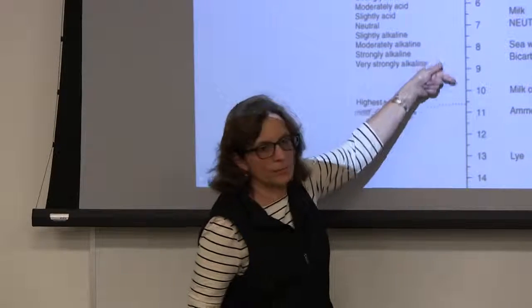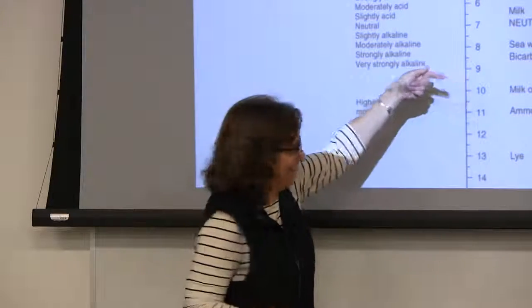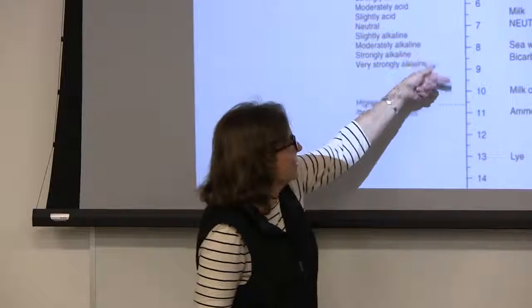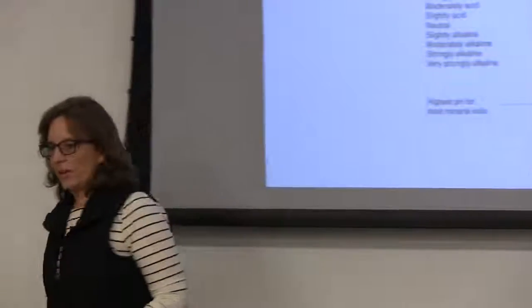These are all things that help to settle those acids and neutralize excess stomach acid. Remember those commercials? That's what's going on with those. And then ammonia, and then up at 13 is lye. So we're getting into very caustic things when you get to the extremes. Okay, so most of our plants are going to like it in that middle range.